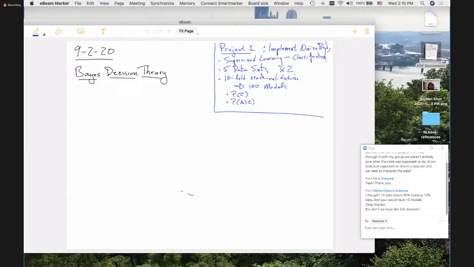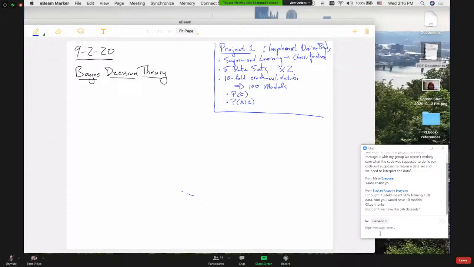You have 5 data sets unaltered, and then you have 5 data sets where you have altered the original ones. 5 plus 5 is equal to 10. Any other questions?